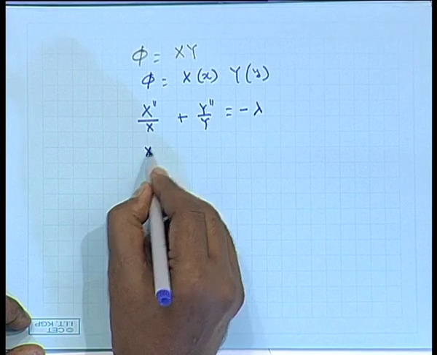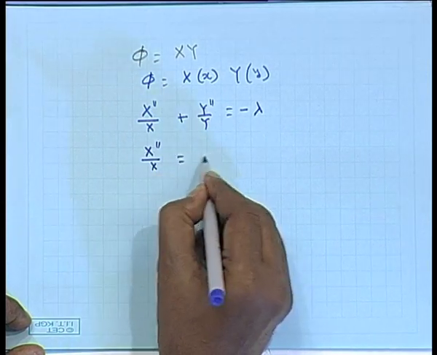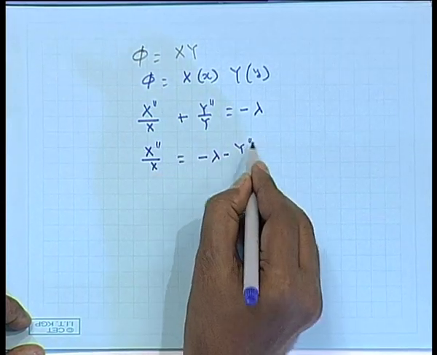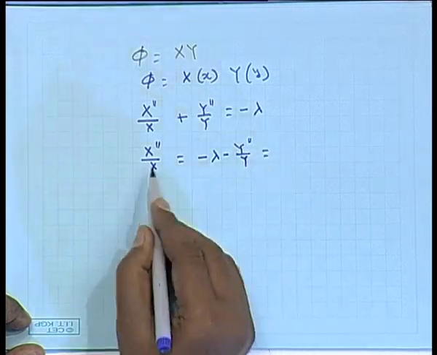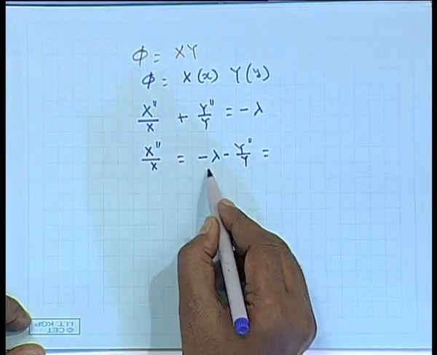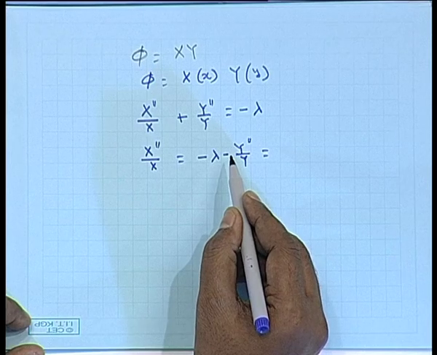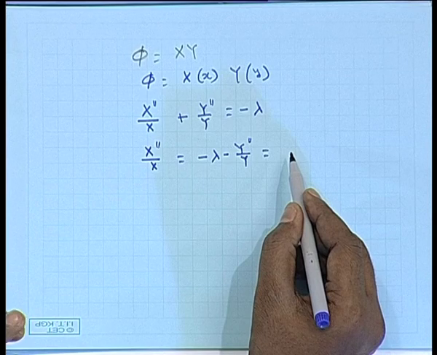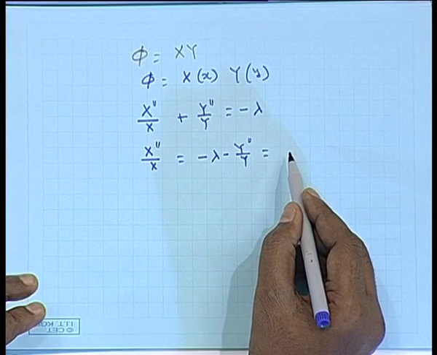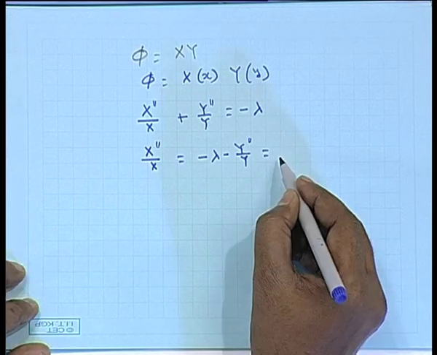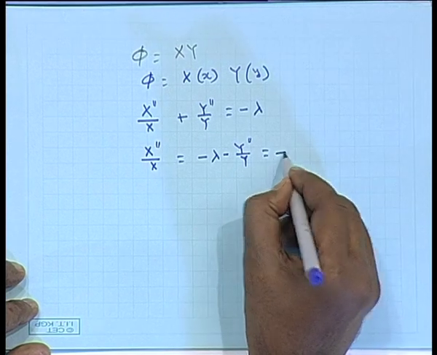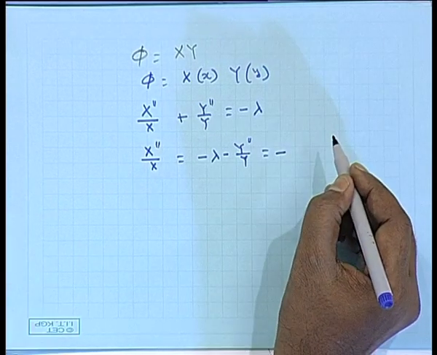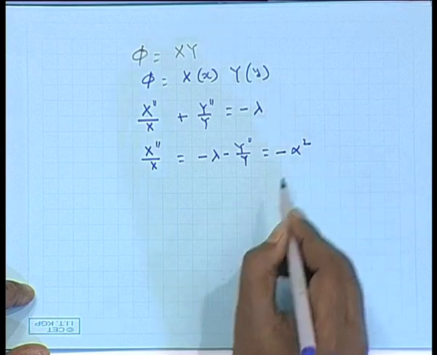Okay. And X double prime by X is equal to minus lambda minus Y double prime by Y. This is a function of x alone, this is a function of y alone, they are equal, that means they are constant. This constant can be positive, negative or 0. If the constant becomes positive or 0, you will be getting a trivial solution. So, this constant must be negative. We have gone through all these logics previously, okay, minus alpha square.